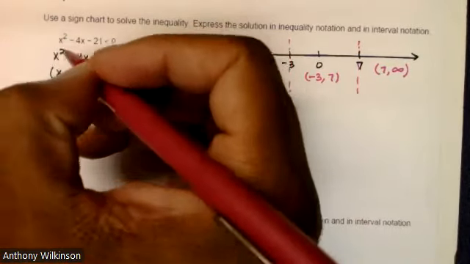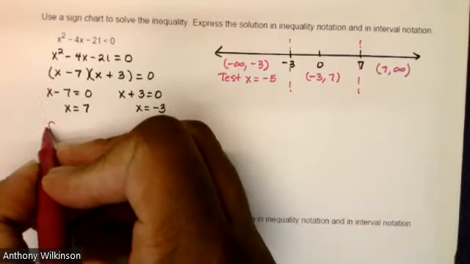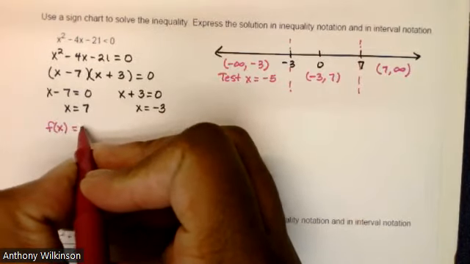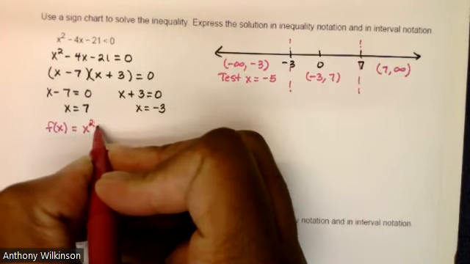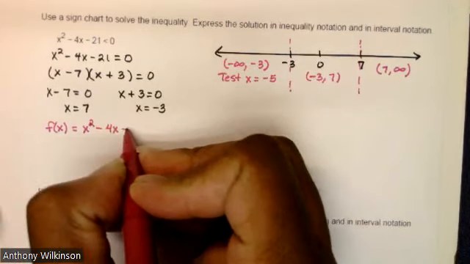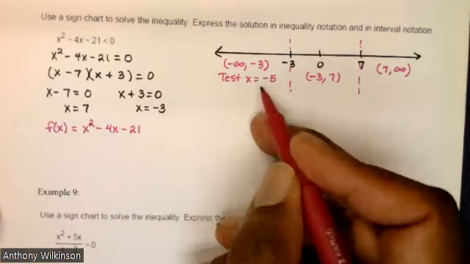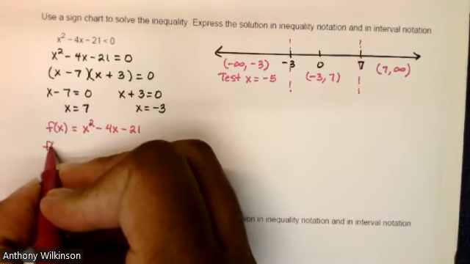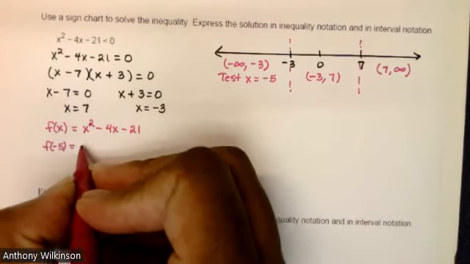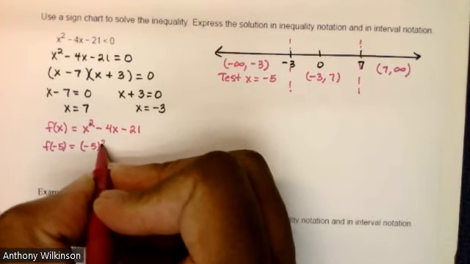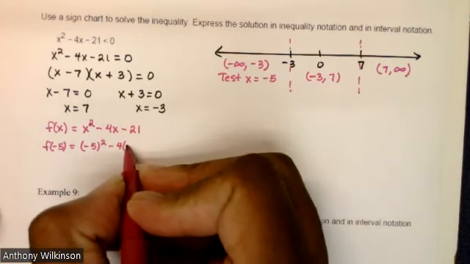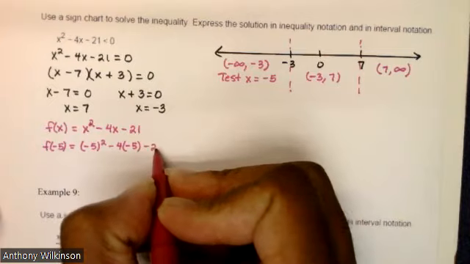This part right here is the f of x. So I'm going to write that down. f of x is x squared minus 4x minus 21. Now I'm going to substitute each x with -5. So f of -5 would be -5 squared minus 4 times -5 minus 21.